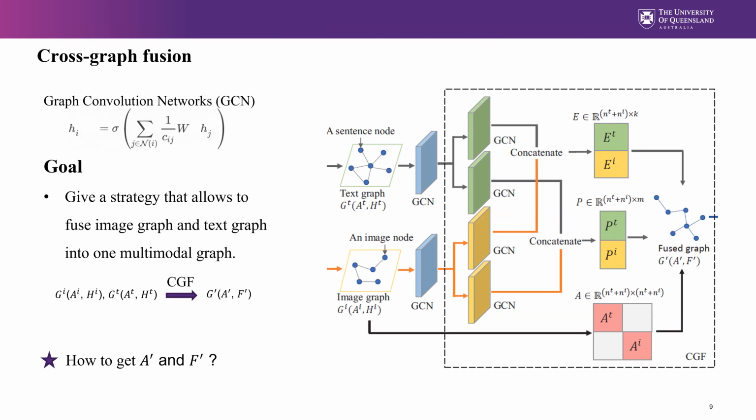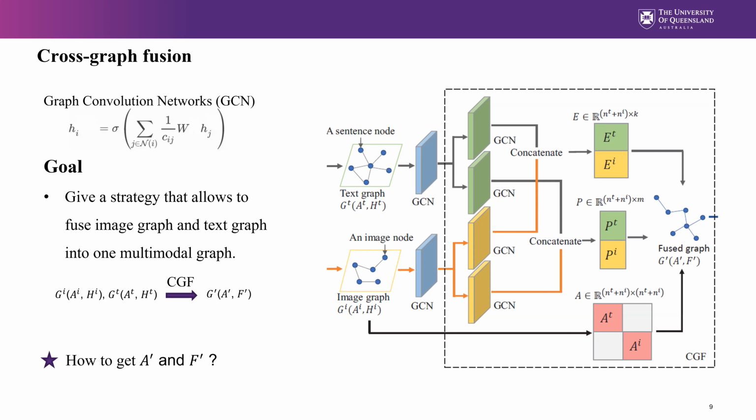Instead of having a 2D array as input, GCN takes a graph as input. The formula is shown here, and it describes the update of a single node embedding. The node features are transformed by multiplying with a shared weight matrix W.